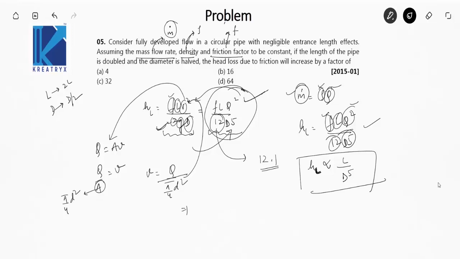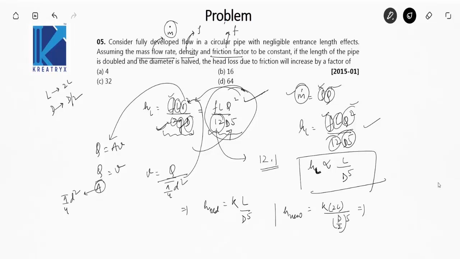So that implies H old, let K be any constant, is equal to KL upon D raised to power 5. What about H new? That will be K, L becomes 2L, and diameter is halved, so D by 2 raised to the power 5.